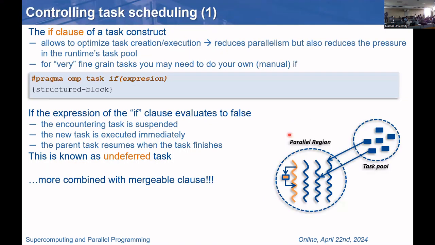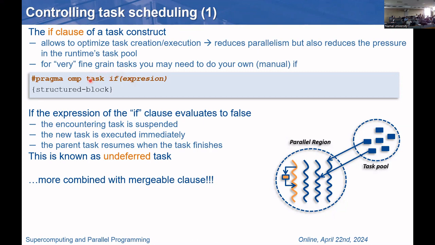A little bit more on controlling task scheduling, and this is achieved with the if clause, the condition clause. This allows you to optimize task creation and execution, especially for very small tasks. If you have a very small task, or a task that can change its size depending on the particular point where it is executed, or on the input size, then you can use this if expression.